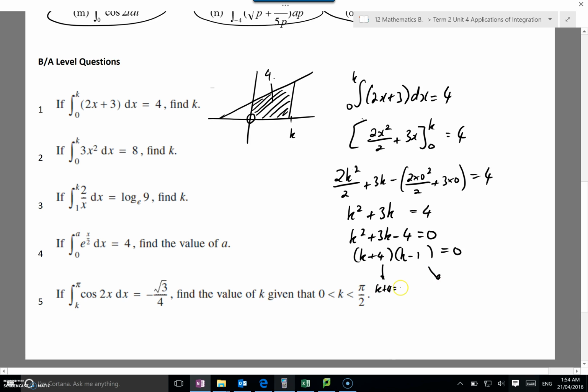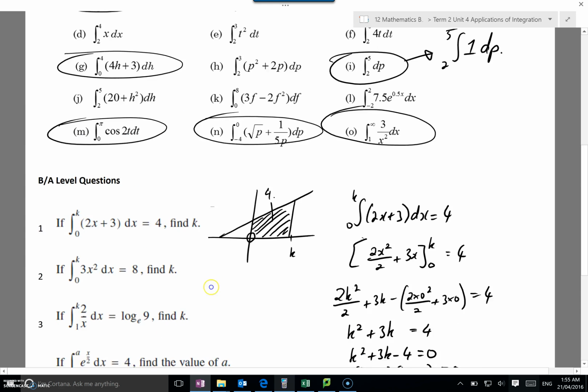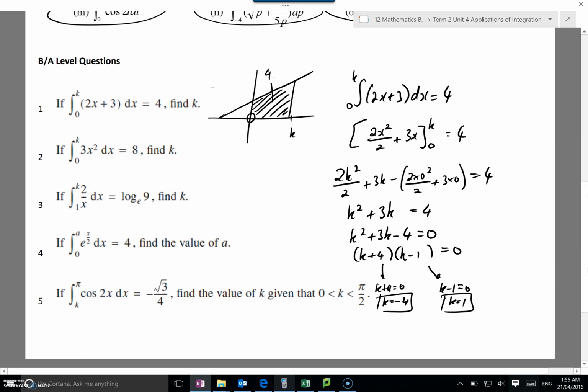K plus 4 equals 0, k is minus 4. K minus 1 equals 0, k equals 1. So here are my two possible solutions. And this will be like a B or an A level question on an exam. So have a go at these problems, practice, make sure you check your answers with your graphics calculator, and good luck.